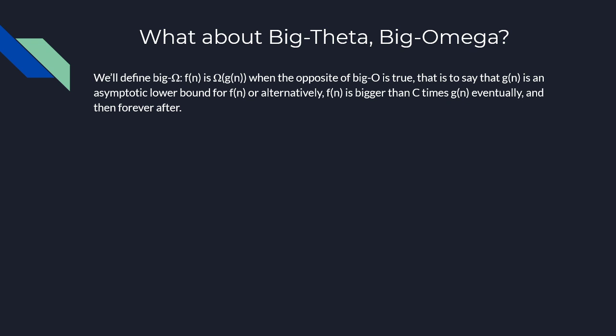When you say a function's big O, you're saying big O of some other function. Big O of another algorithm, that means you're always going to perform faster than them after some point. And if something's big omega of another algorithm, you're always going to perform slower than it after some point. It's like the opposite, basically.